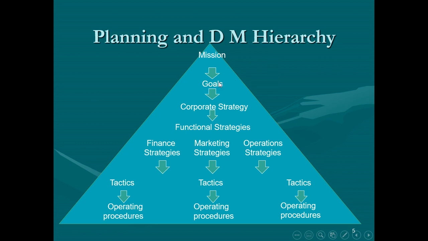And from your goals, you will determine the overall organizational or corporate strategy, which will be divided into your functional strategies: financial strategies, marketing strategies, and operations strategies. And in each one, you'll find that tactics will be found in detail. After tactics, which are medium term planning, you'll find the operating level, which is short term tasks or procedures to be carried out.